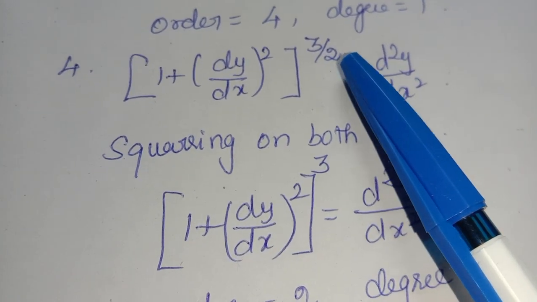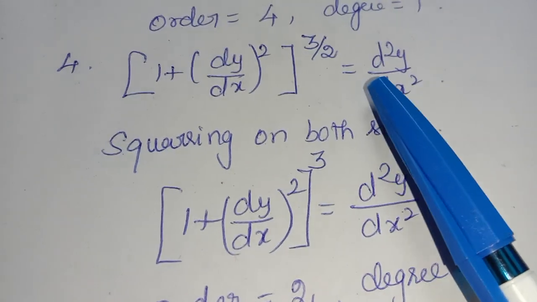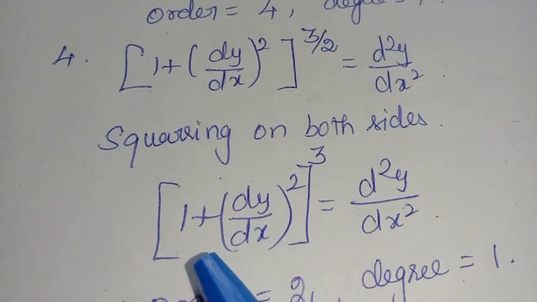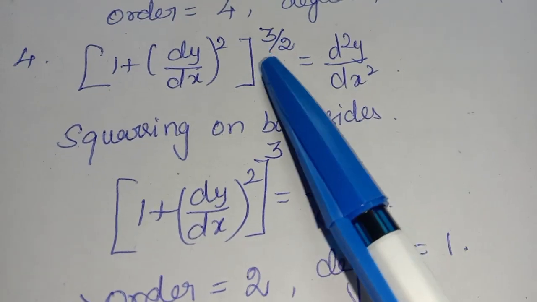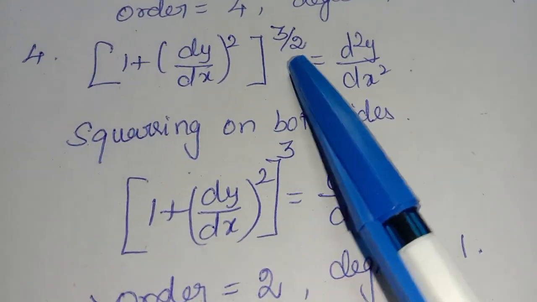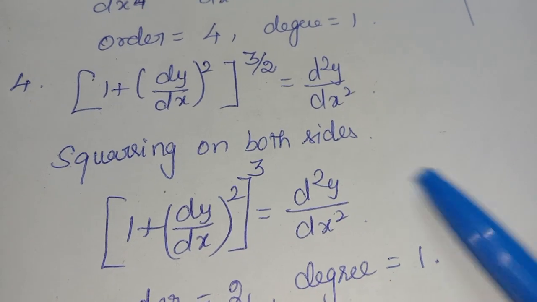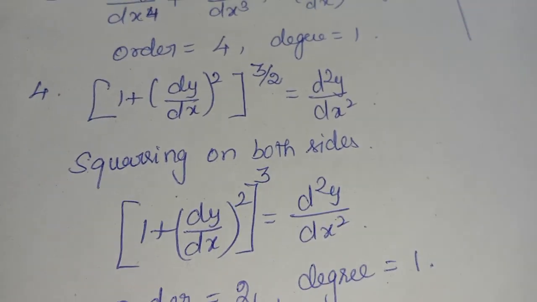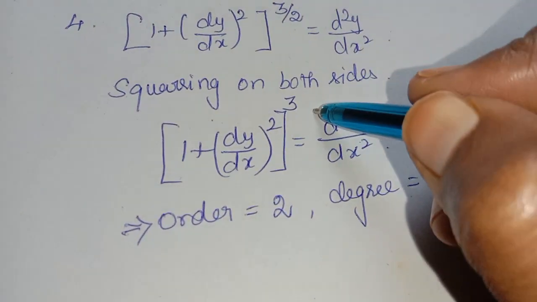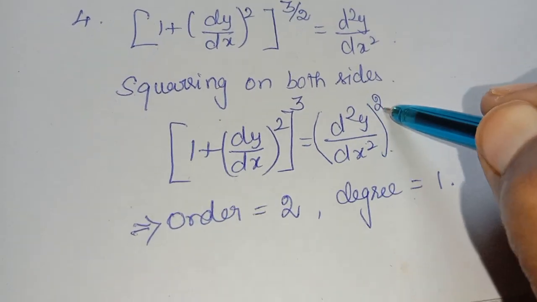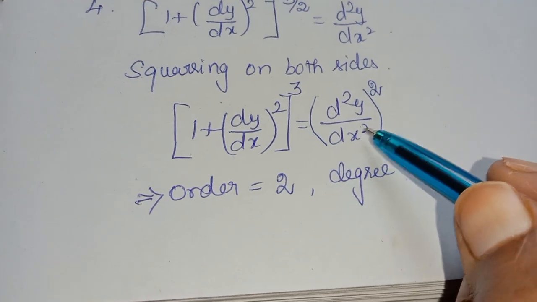So for eliminating this power, I am going to square the equation on both sides. So I will get 1 plus dy by dx the whole square, whole to the power of 3. By squaring this, the power 1 by 2 gets cancelled. So equal to d square y by dx square the whole to the power of 2.